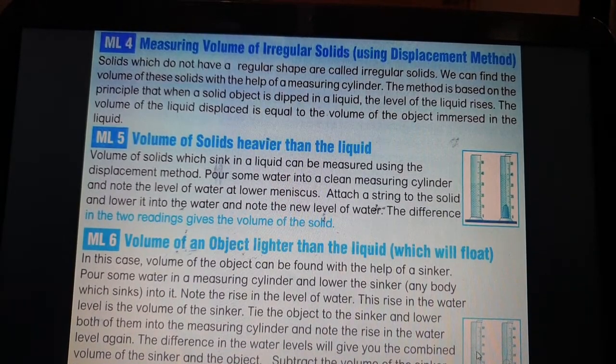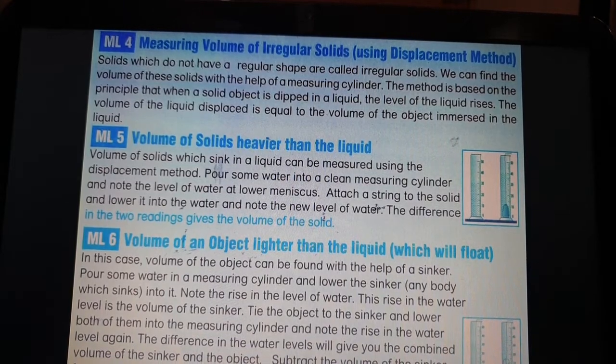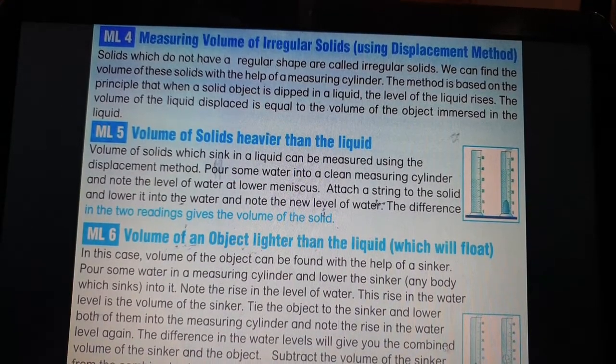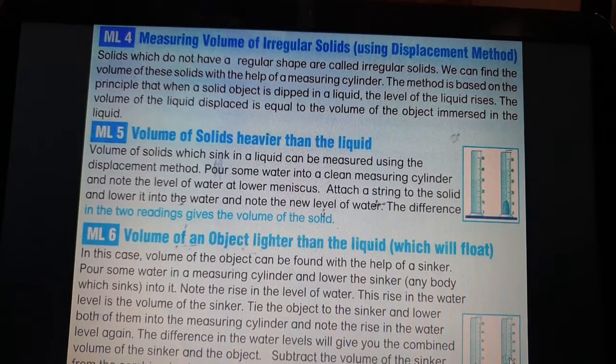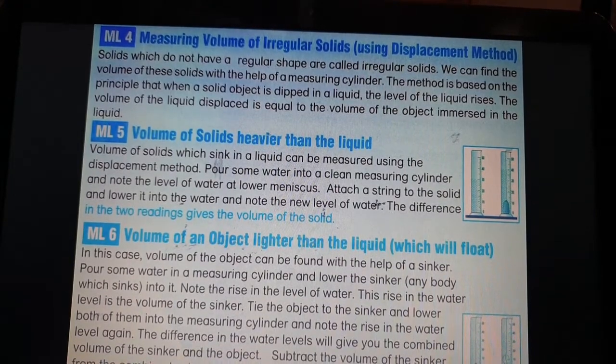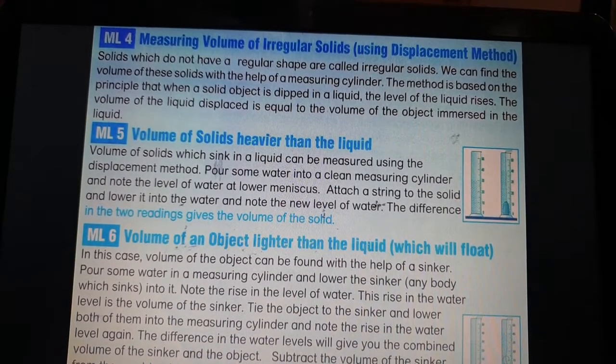It just keeps on floating. Instead of sinking, it will come up. So what we understand by this is that the object put inside this cylinder is not heavier than the liquid.